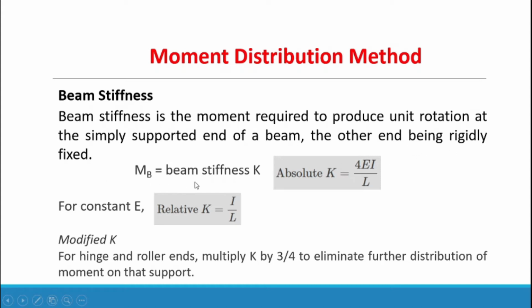Moment at B is equal to beam stiffness K, and the absolute value of K is equal to 4EI all over L. For constant E, which means we have a constant value for the modulus of elasticity, relative K is equal to I, the moment of inertia, all over L, the span. And we have the modified K. For hinge and roller ends, multiply K by 3/4 to eliminate further distribution of moment on that support.